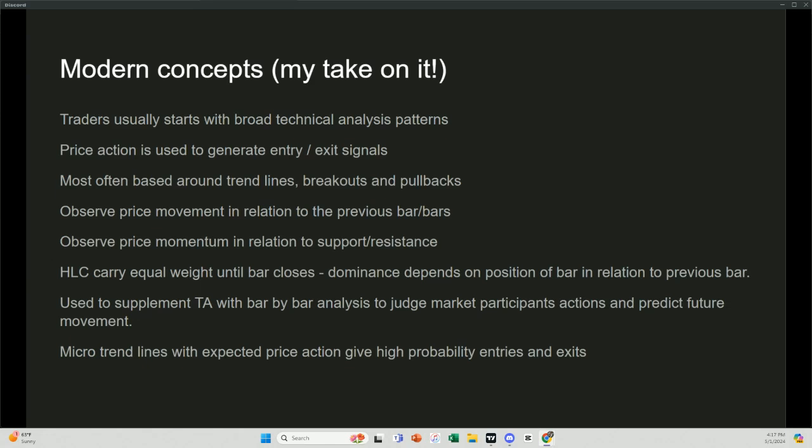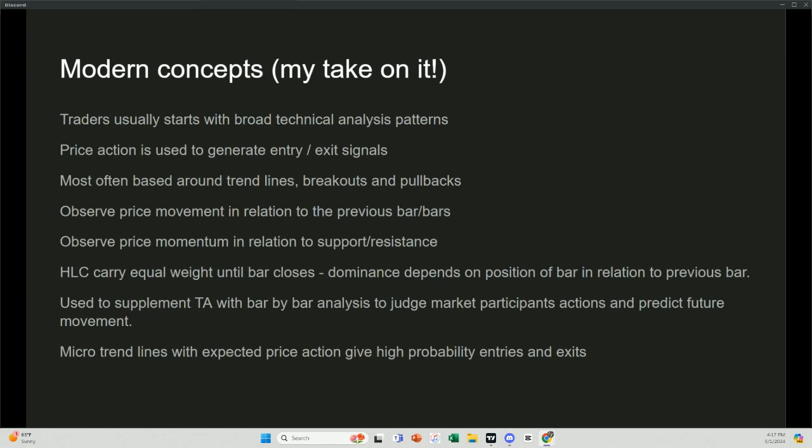And I guess that's the next point I've got there, that the open doesn't really matter in price action at all. It's the high, low, and close, and one of those will be the dominant feature of any particular bar. And it depends on the position of that bar in relation to the previous bar which one is actually dominant.